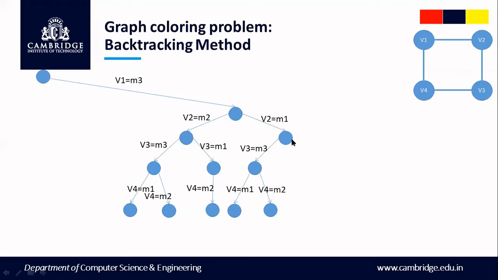In the same way, if we explore V3 as M2, then V4 becomes M1. We don't have multiple options for this. So we get multiple solutions here. All are eligible solutions in this particular graph.